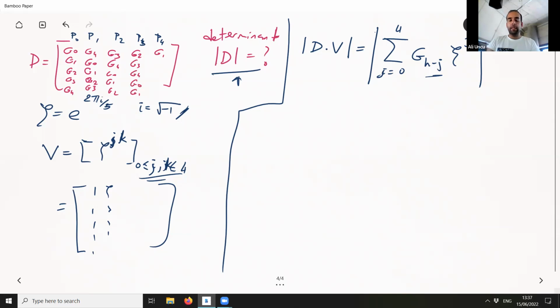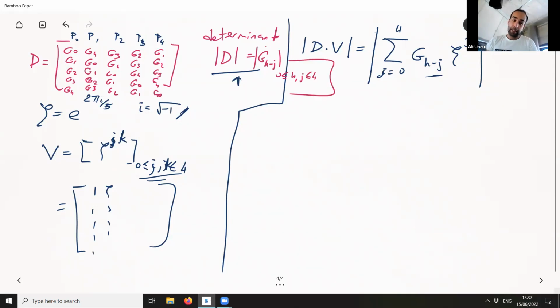G1 went up, so it will just go down that way, G2, G3, G4, and G0. Good. Now we have the correct indexing as well. So we're dealing with the G of H minus J's for H and J less than or equal to 4.